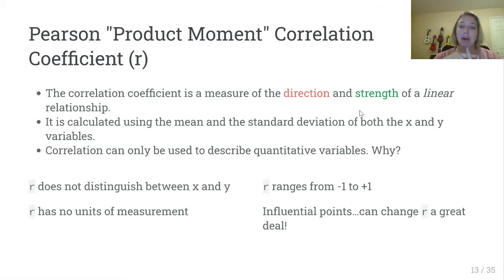So the sign, positive or negative, tells us the direction, increasing or decreasing. The strength is by how close: weak is close to 0, strong is close to perfectly positive 1 and perfectly negative 1. But even though it has all these bonuses, it's unitless, doesn't matter which variable you're calling X or Y, it's always going to be between -1 and +1. Centered 0 means no correlation.